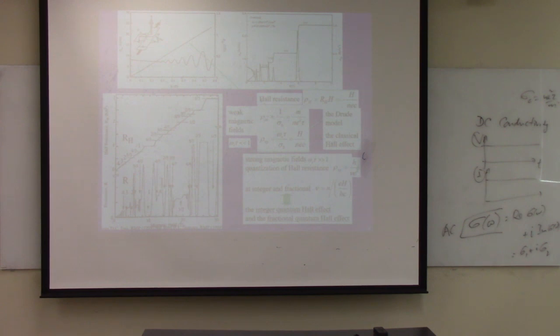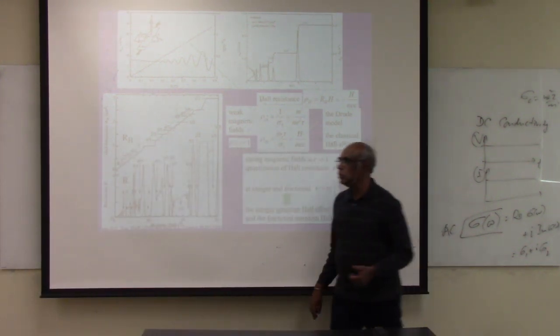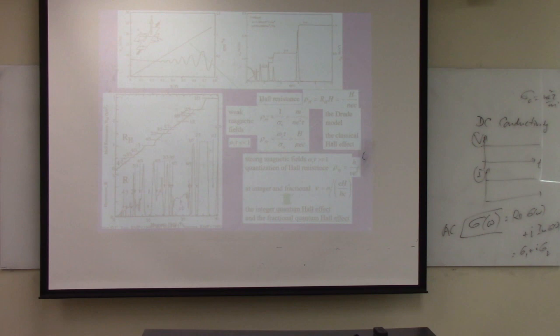Because when omega tau goes to a very large number, this becomes 0, right? So this is the real part. If you look at the imaginary part, it is 0 for low frequencies, but here you are going to see some kind of peak, and this is the imaginary part. This is very important when you work on microwave conductivities and things like that.